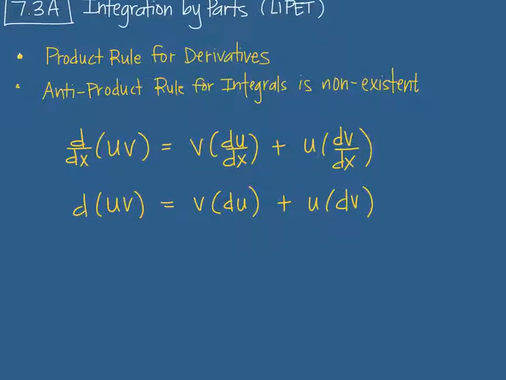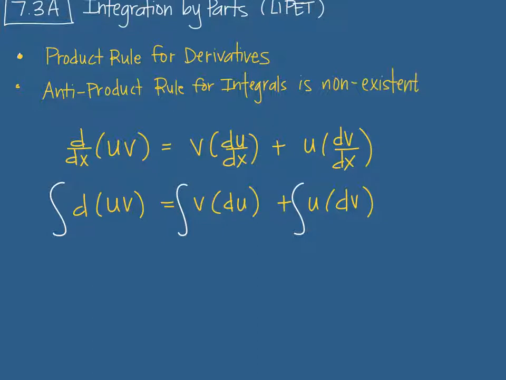Okay. So we've started with the product rule. We've eliminated the fractions. And now we're going to put an integral on each piece. So we're going to put an integral here, and an integral there, and an integral there. On the left side, the integral comes in contact with the d, which stands for differential.